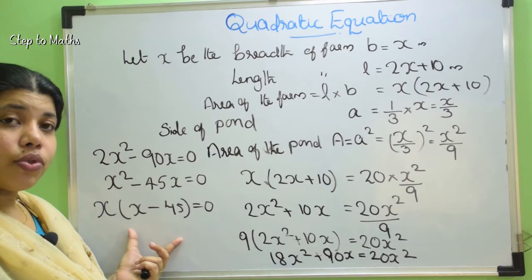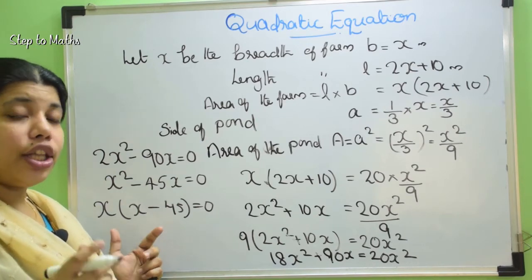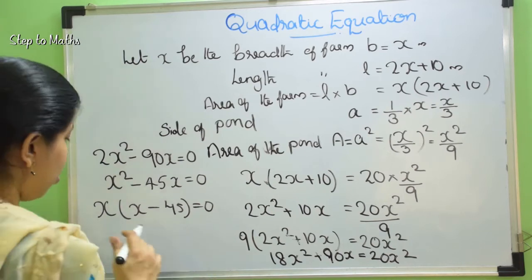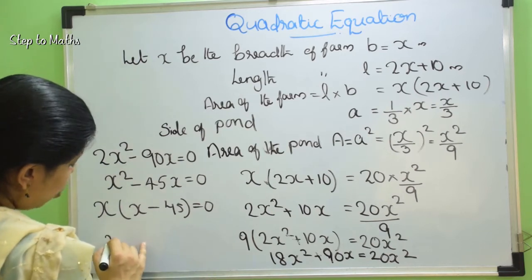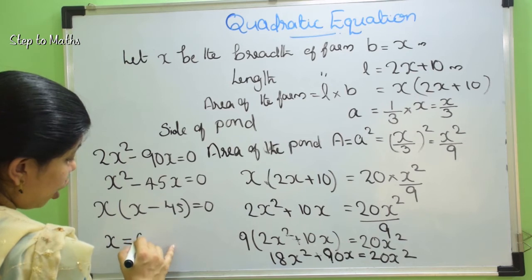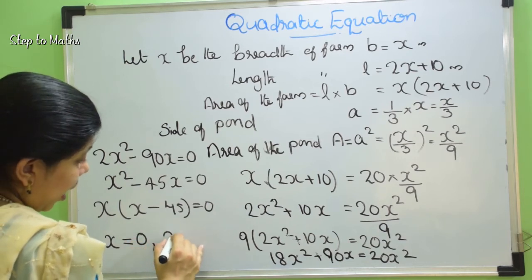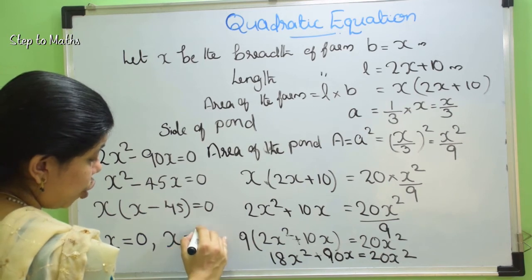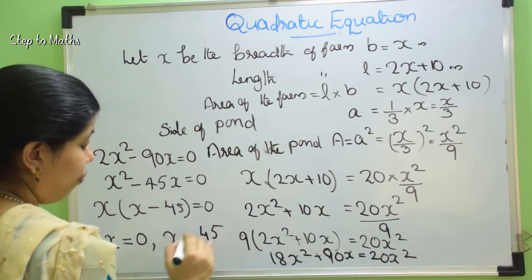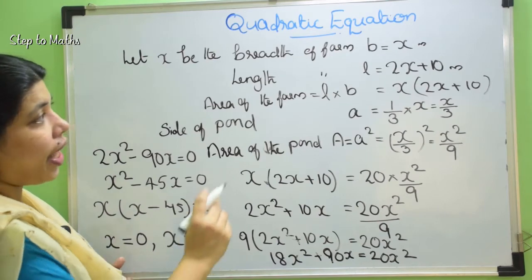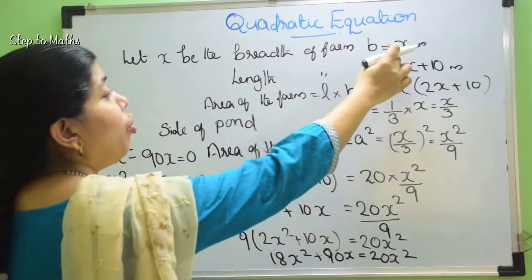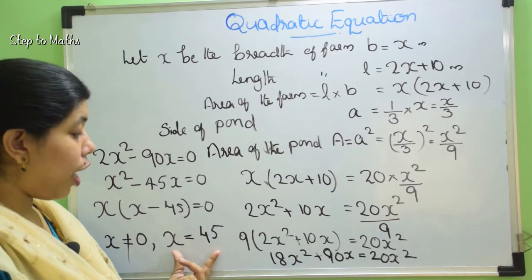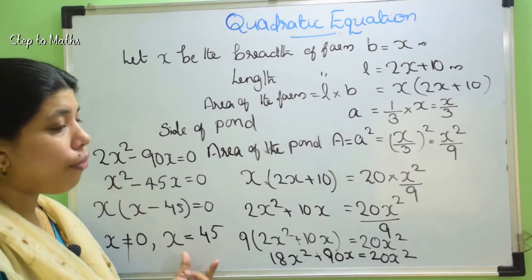Product of two terms equal to 0 means either one of the terms is 0 or both the terms are 0. So if we equate each term to 0, then x is equal to 0 or x minus 45 is equal to 0, or x is equal to 45. Here we take x as the breadth of the farm. So x is not equal to 0. That means the value of x is equal to 45.